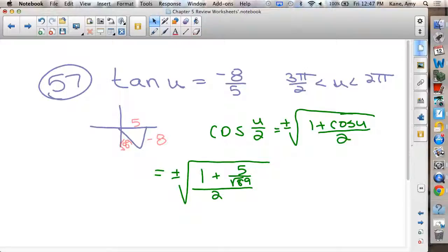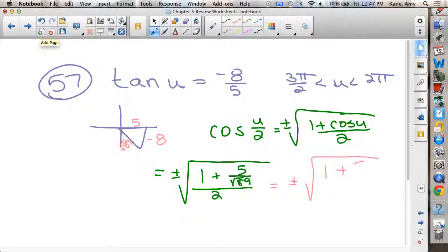Okay, so if we rationalize it first, that means I have 5 square roots of 89 over 89, and then that's all still over 2. So this is a big 1 here. The 1 is by itself. And then we have plus 5 square roots of 89 over 89, because I'm multiplying top and bottom of just this fraction to rationalize it.